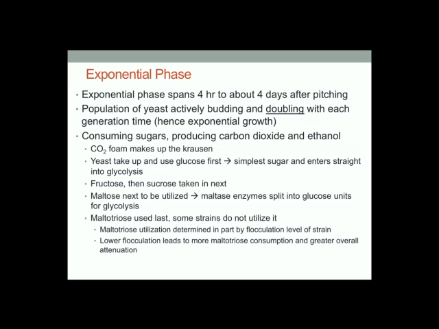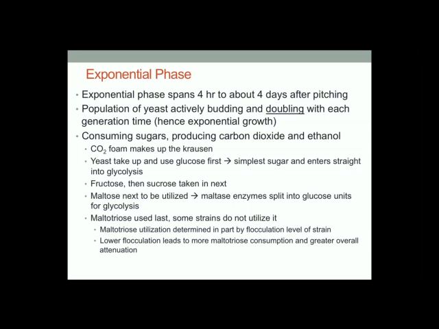And then next, sucrose would be taken in. So sucrose, which is also table sugar, is a disaccharide, and so that has to be cleaved by the enzyme sucrase. But then the single sugars that come from it go into glycolysis, and then is when the maltose gets utilized.